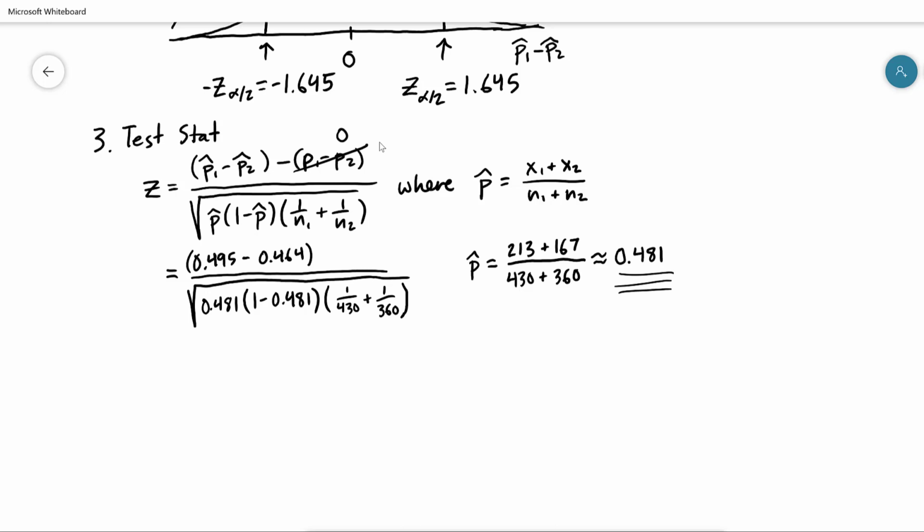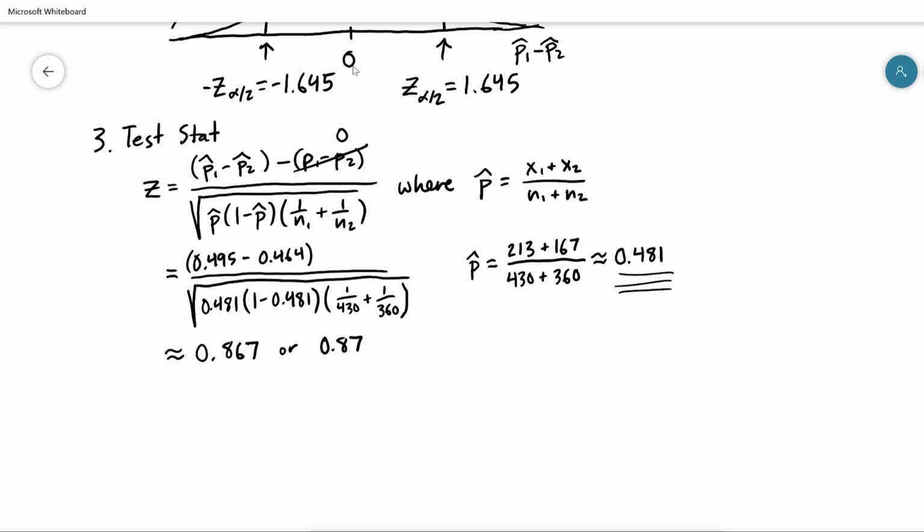And now I'm just going to plug these all into the calculator and see what we get. So just give me a minute here. And I get about 0.869-ish, or if we're just going to use two decimals, about 0.87.